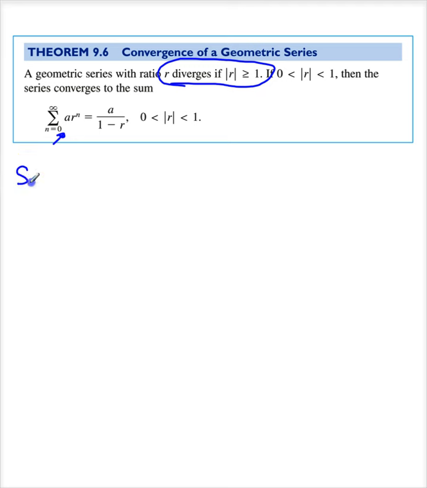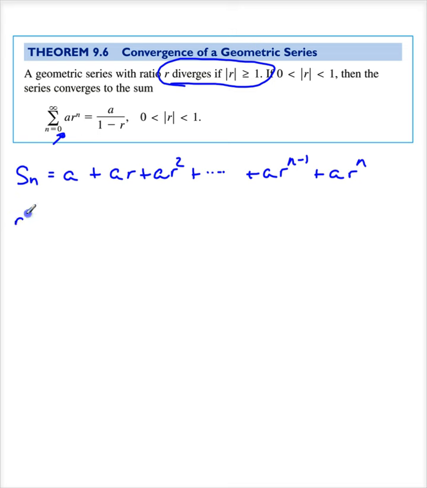Let me look at the nth partial sum. This is a plus ar plus ar squared plus up to ar to the n minus 1 plus ar to the n. And yes, you could have just factored the whole a out. Now, the next thing I'm going to do is multiply this by r.